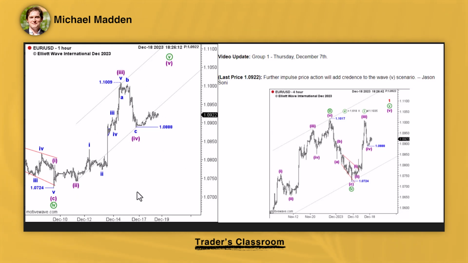We've adjusted the wave degree. We're still looking higher in green wave 5, but the size of the pullback warrants an adjustment to the wave degree. So now watching to see if 108.88 remains intact, and if this is the higher swing low that will set the stage for Euro US dollar to get above 110.17.